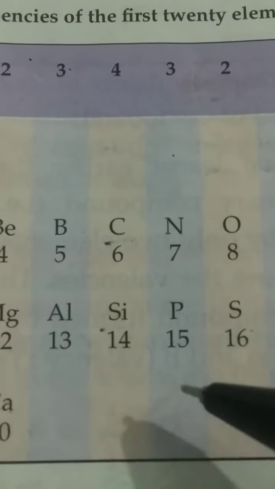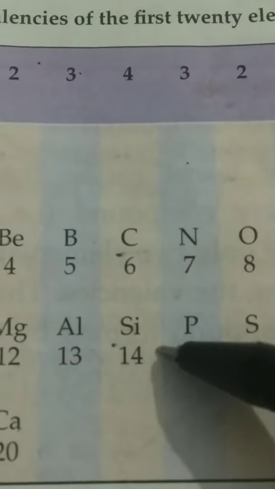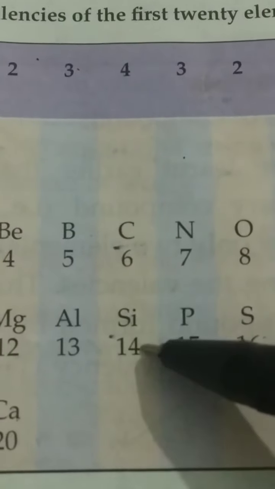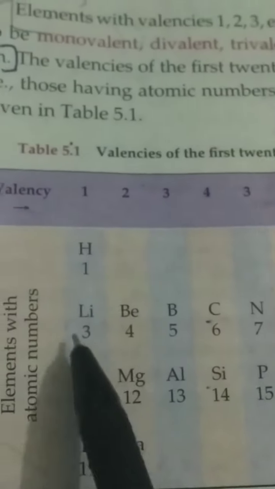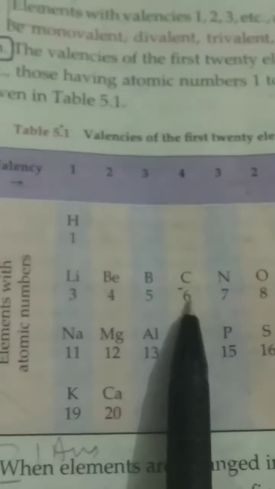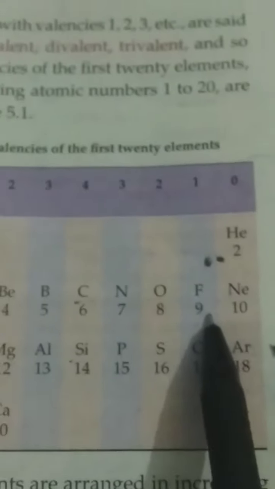Nitrogen, phosphorus, 3 negative. Carbon and silicon, the valency is 4 positive. So valency gradually rises from 1 to 4 and then falls to 1 and finally 0.